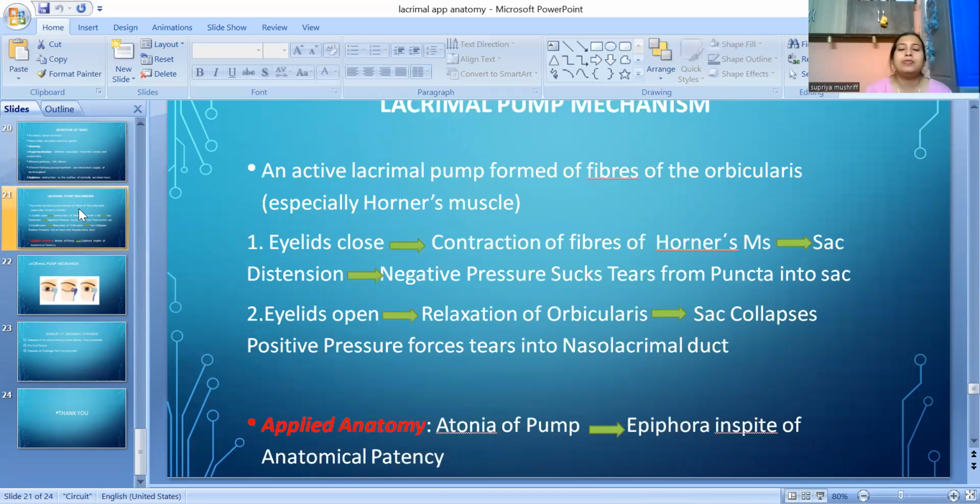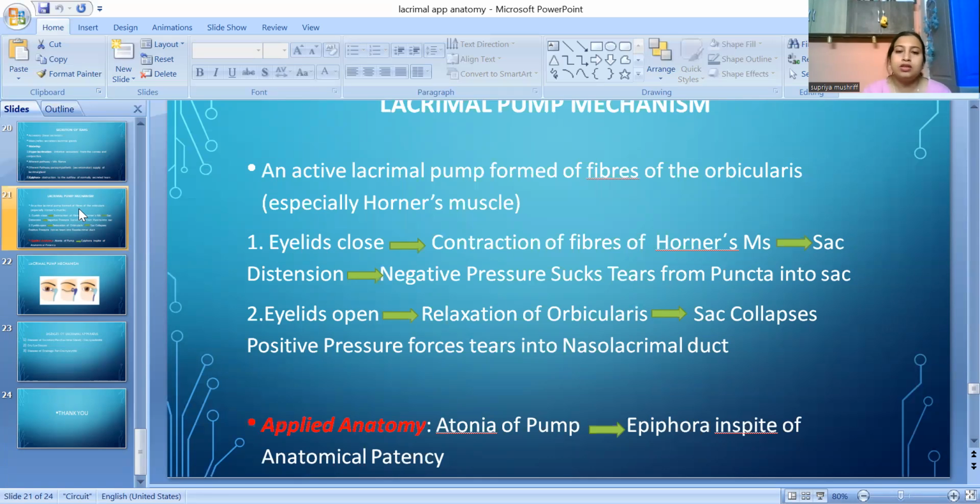Now the lacrimal pump mechanism, which is very important. The active lacrimal pump is formed by the fibers of orbicularis oculi, especially Horner's muscle. When the eyelids close, contraction of the fibers of Horner's muscle occurs. Sac distension occurs, and negative pressure sucks the tear from the puncta into the sac. Now when the eyelids open, relaxation of orbicularis oculi occurs, which causes sac collapse.